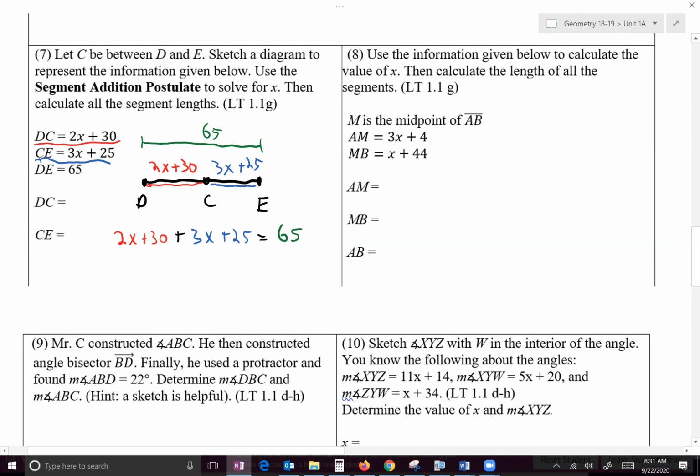So like this 2x and this 3x, they're both on the same side of the equal sign. We can already put them together. That's just going to be 5x. Okay. We have a 30 and a 25. They're both on the same side of the equal sign, so you can go ahead and add them. Get 55. And then nothing's over here with that 65, so they stay the same.